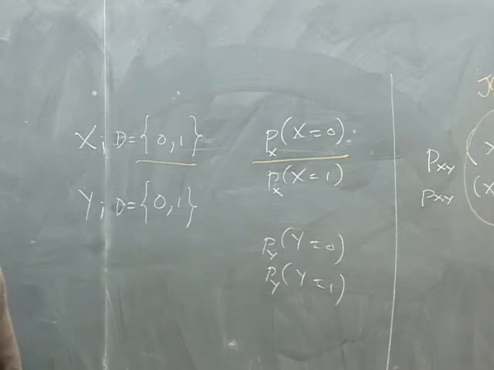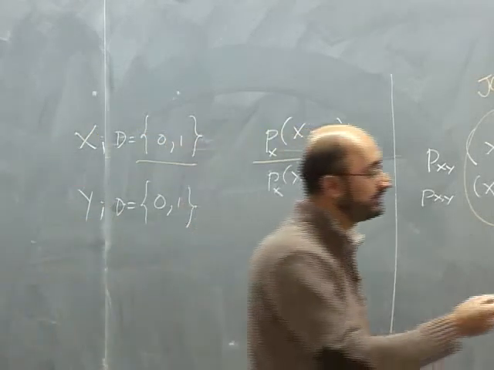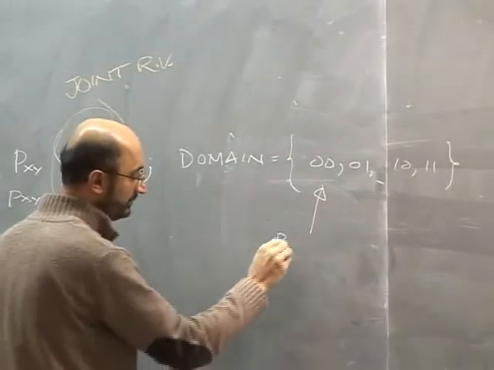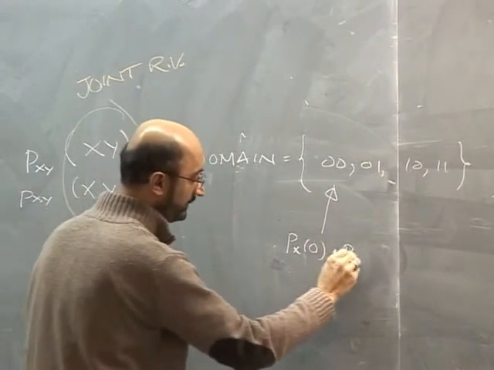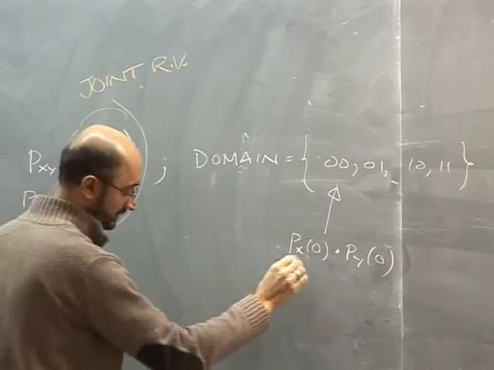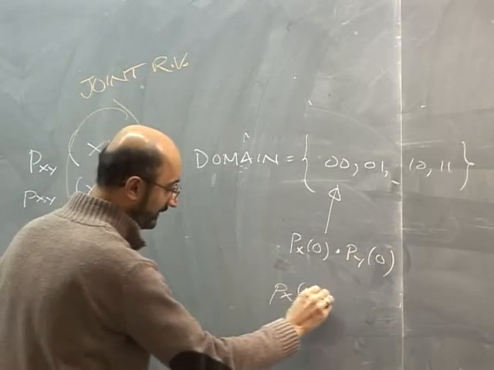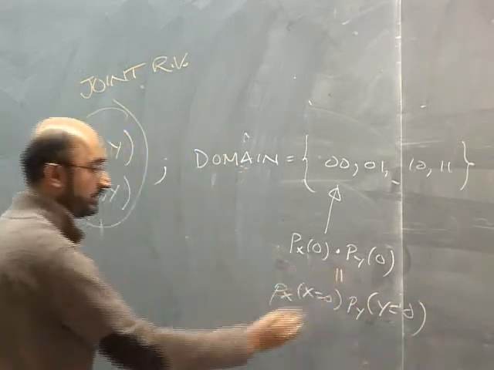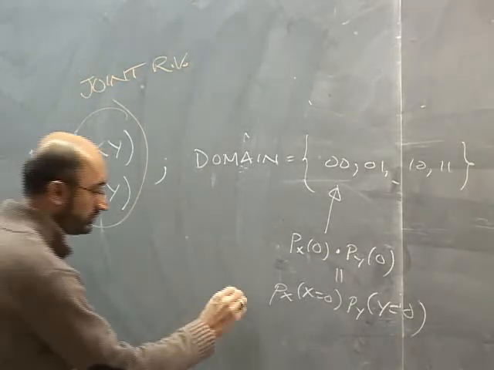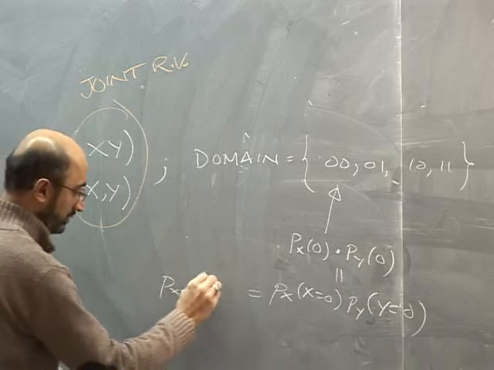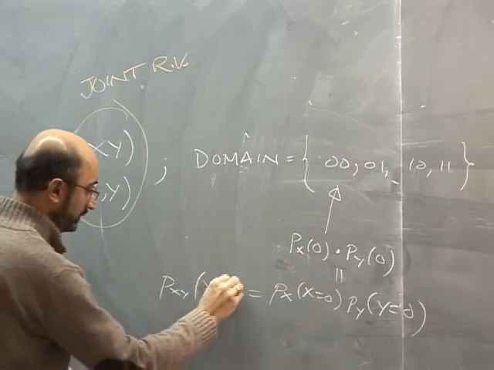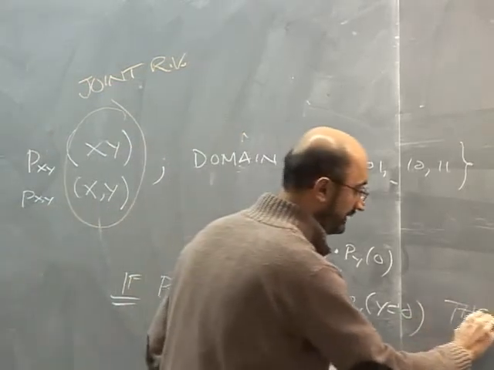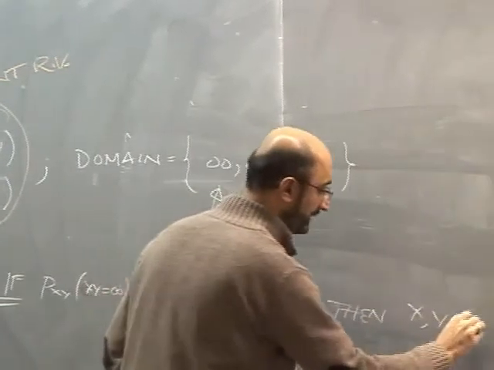In the special case, we can determine the probability of a joint value, this one, as the product P_X(0) times P_Y(0), which we write more carefully as probability X equals 0 times probability Y equals 0. If this is true, then we claim that X and Y are independent.